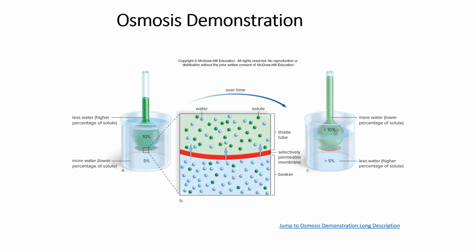So let's look at these thistle tubes. At the bottom of this tube is a membrane that will allow small things to pass, like water, but not larger things, like, well, when we usually do this, it's usually sugar water.